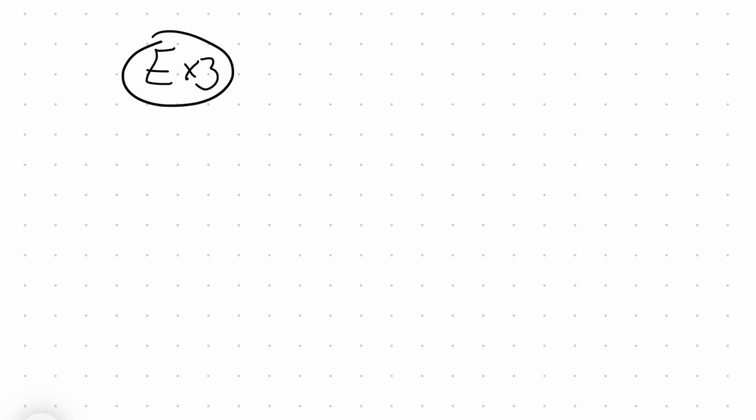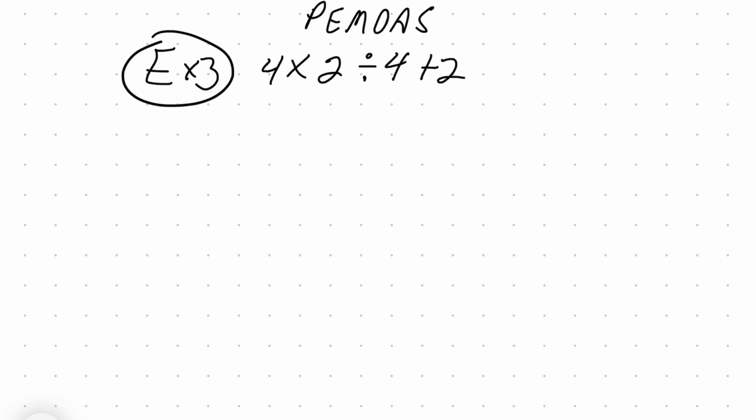Example 3: 4 times 2 divided by 4 plus 2. Again, just write PEMDAS on top. If you don't remember that, just remember, please excuse my dear Aunt Sally. So you go through the steps. There's no parentheses, no exponents. There is multiplication and division, but remember, whatever comes first from left to right is what you're going to do first.